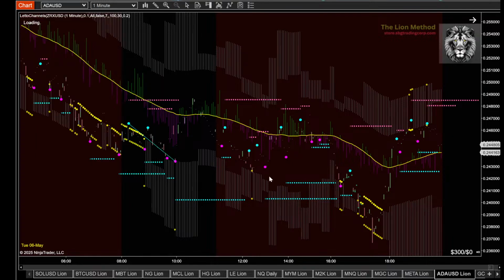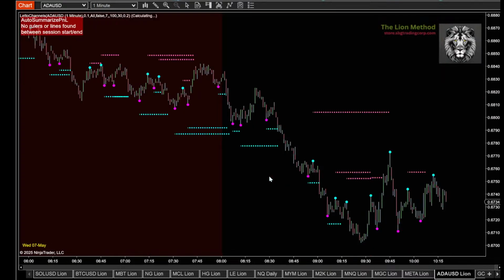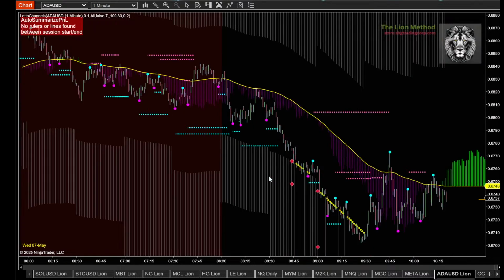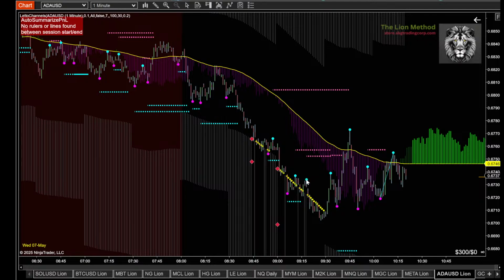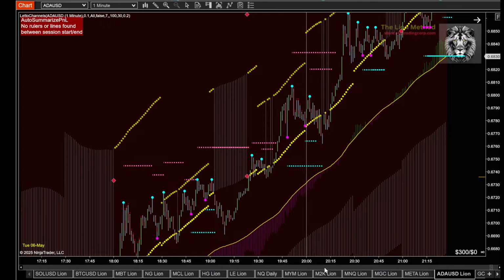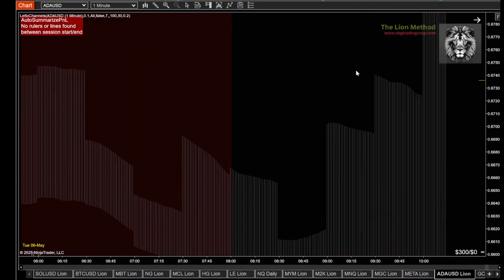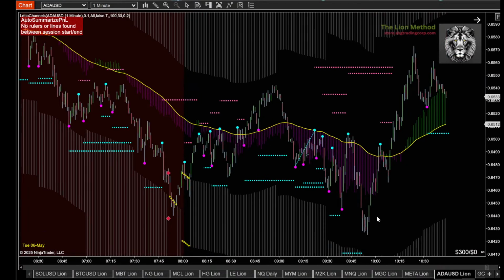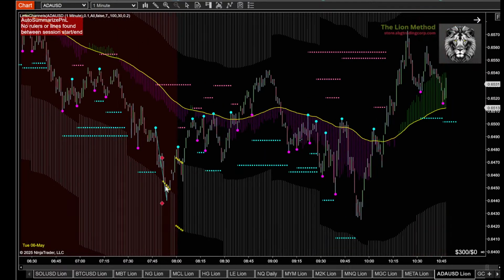Cardano. Good, good trade in Cardano. All y'all could have gone long right here. Stop down here. Target achieved. Okay, well, here's an oversold level.